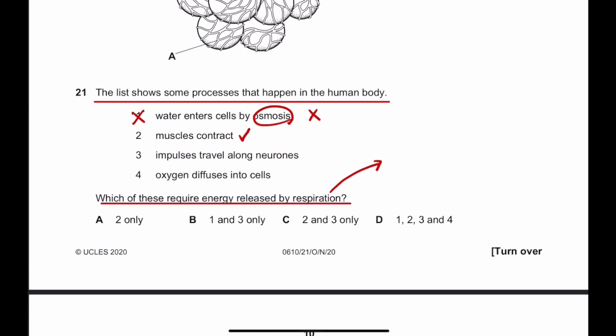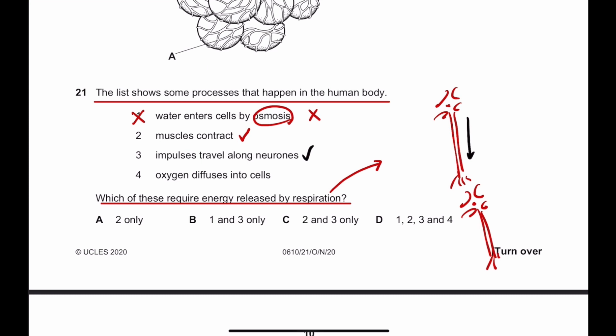Number 3, impulses travel along neurons. This is a very good question. When a neuron needs to send its signal to another neuron, it does require energy to send the impulse.